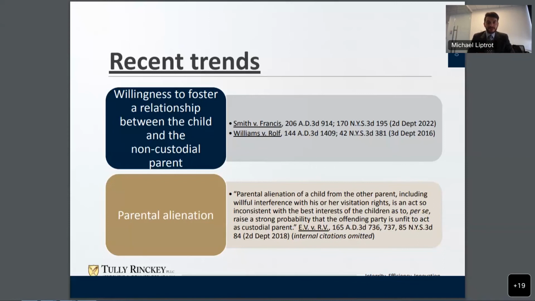It's almost a duty of the custodial parent to ensure that the relationship between the child or children and the non-custodial parent is maintained and is supported. You can't be a fit custodial parent and just take a back seat there.